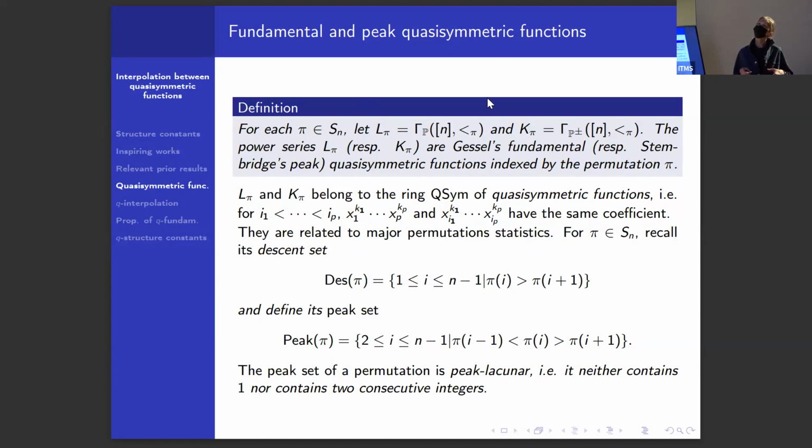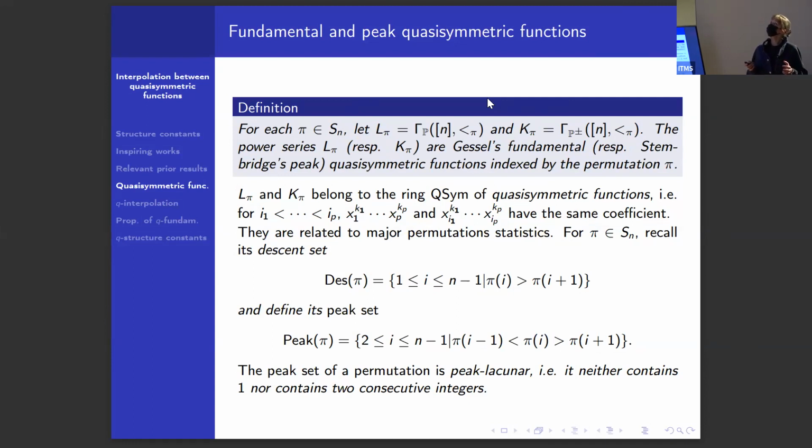For a given pi, we can define the generating function of the labeled chain associated to pi. Summing only over positive P-partitions is, in fact, Gessel's fundamental quasisymmetric function L pi.